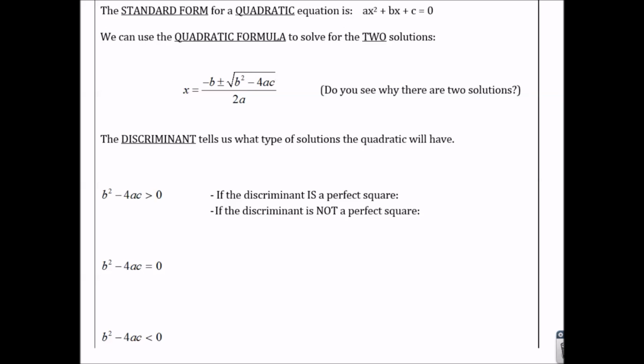So we've got a few different situations here. If you find the discriminant and you get a positive number, then there are two different options. If the discriminant is a perfect square, then you have two rational solutions. If it's a positive number but not a perfect square, you have two irrational solutions.